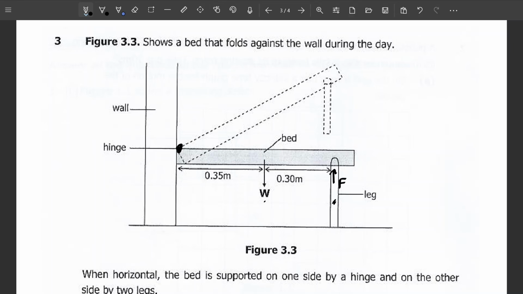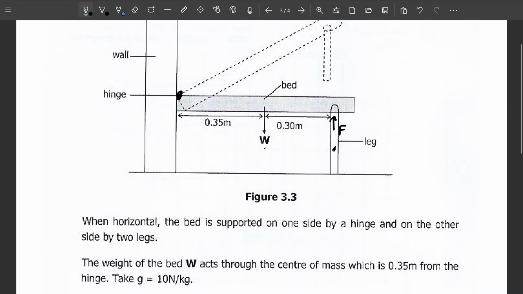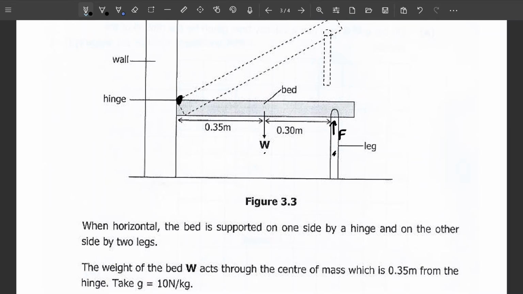Okay, so we have the pivot, meaning this is where the rotational motion is occurring from. So using the principle of moment, we can have clockwise moment. The reference is this one.